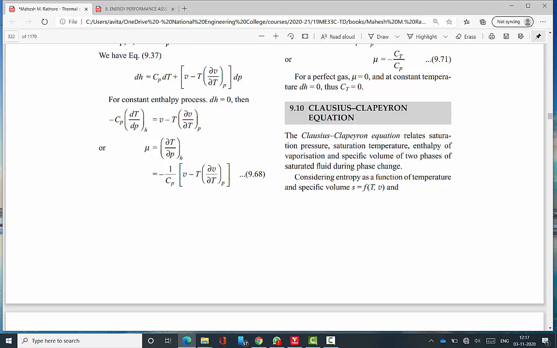If you go to the shop, buy a cool drink and put it in the atmosphere, the cool drink is at a lower temperature, and on the outside of the bottle, in a certain period of time, some dew is formed. Where does the dew come from?